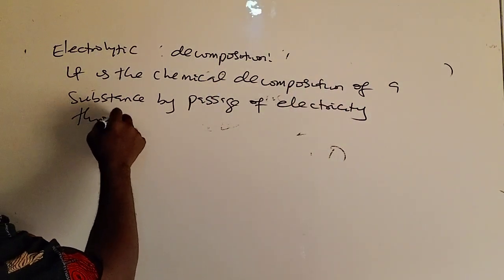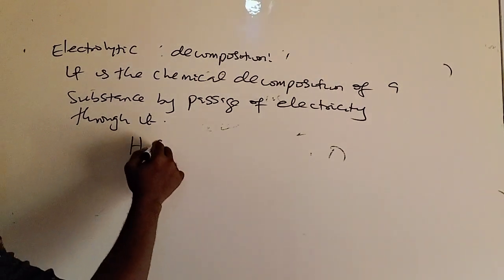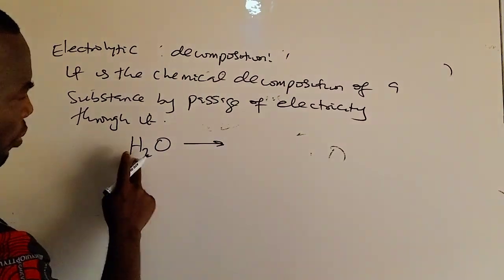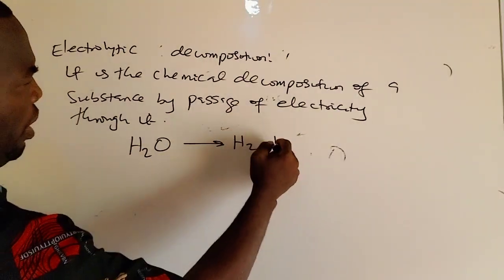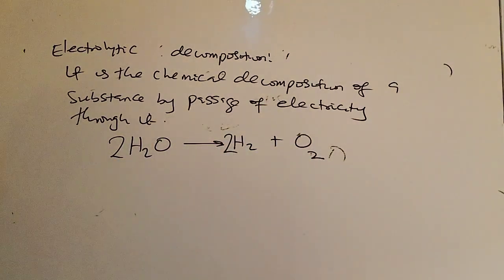Like water can split when you pass current through it. Water can split into its components, which are hydrogen and oxygen. So this could be caused by electrolysis or by electrolytic decomposition reaction. So that is the second type of decomposition reaction.